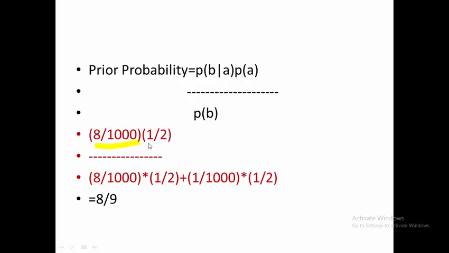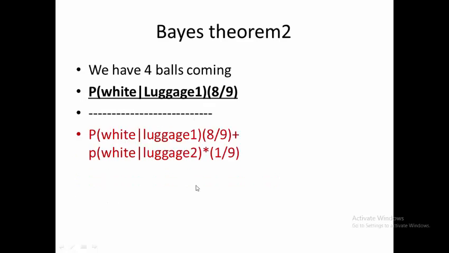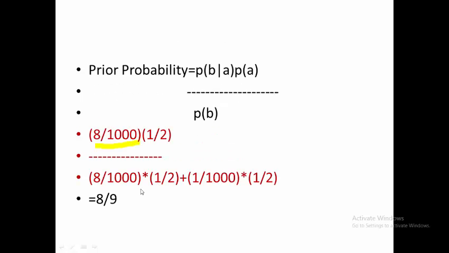So that's 50% chance, so that's 1 by 2. Divide by 8 by 1000 multiplied by 1 by 2 plus 1 by 1000 multiplied by half. That is, it's done the totaling, and that probability has come to 8 by 9.